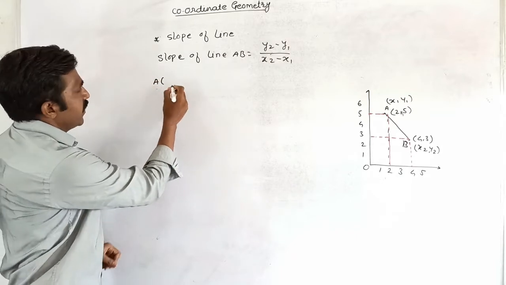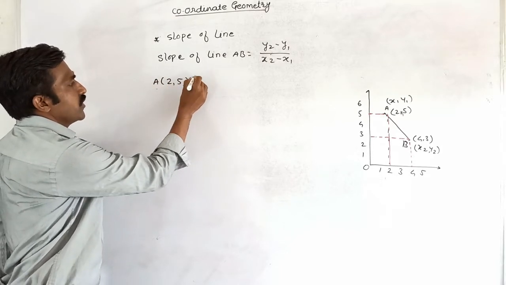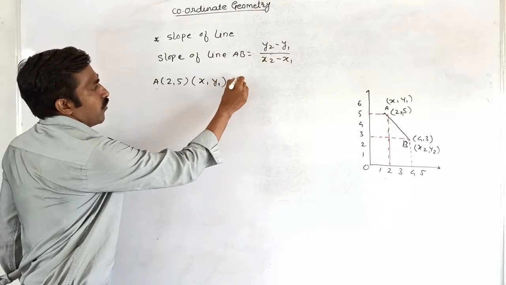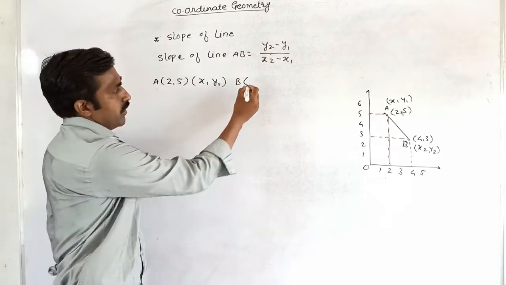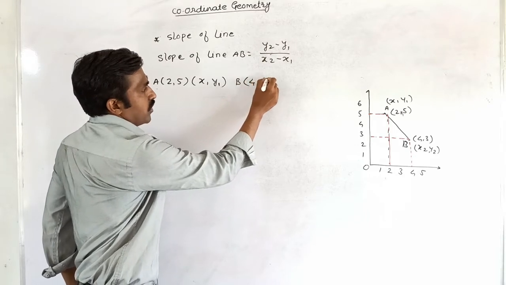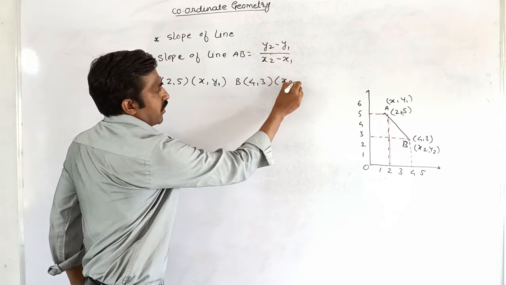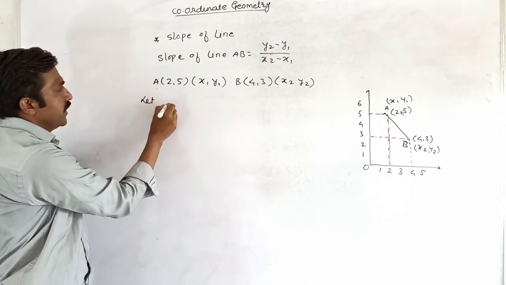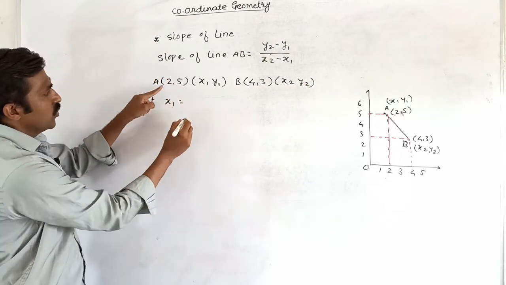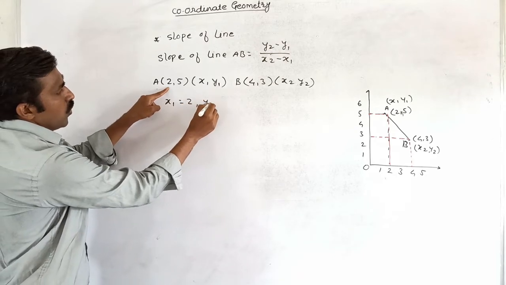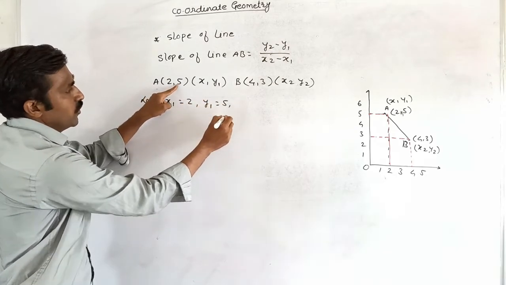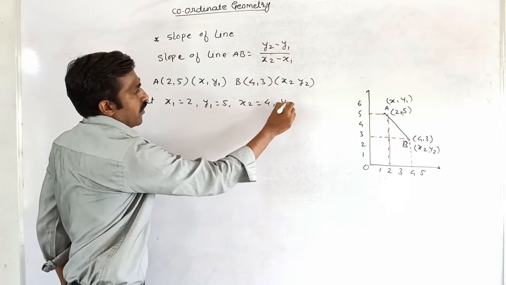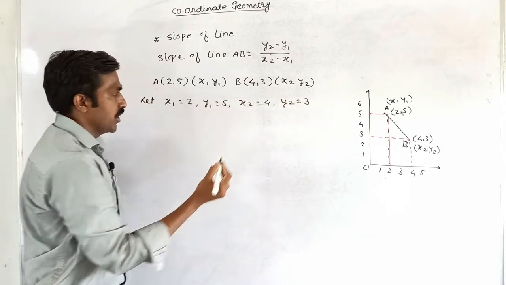Point A coordinate is (2, 5), that means x1 and y1, and point B coordinate is (4, 3), x2 and y2. Let x1 is equal to 2, y1 is equal to 5, x2 is equal to 4 and y2 is equal to 3.